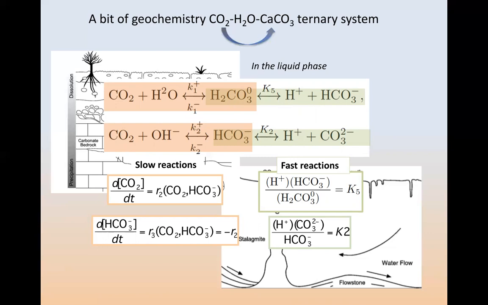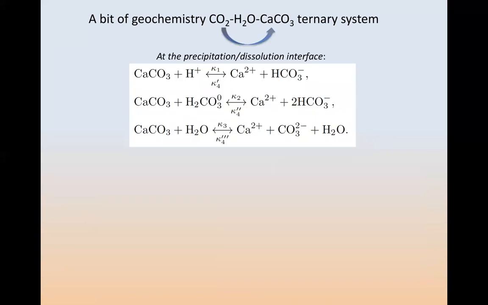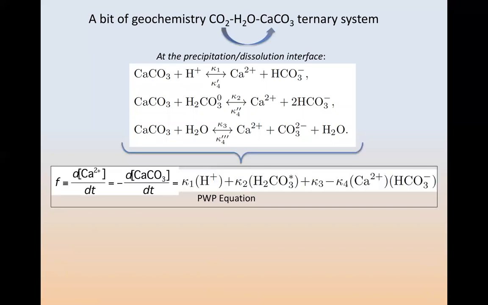Anyway, from fast reactions, we can eliminate some species, and also considering the reaction at the precipitation-dissolution interface, Plummer, Wigley, and Parkhurst obtained this kind of evolution equation for the interface between the bedrock and the water, which is proportional to the rate of deposition of calcite, and also combining with the electroneutrality condition, the calcite solubility product, and the water ionic product.